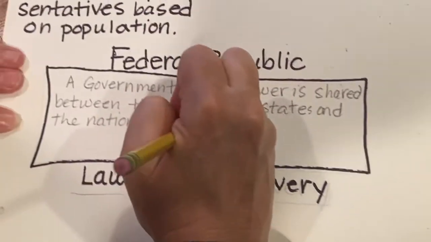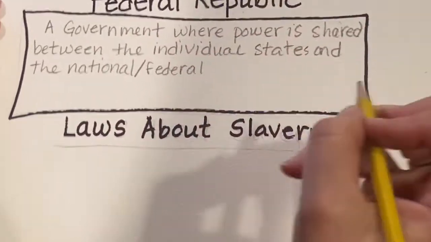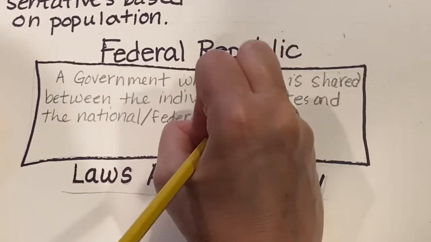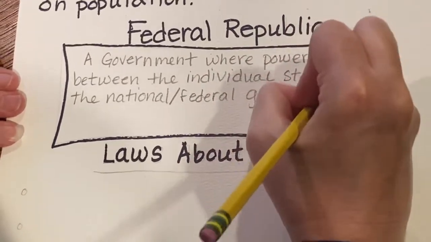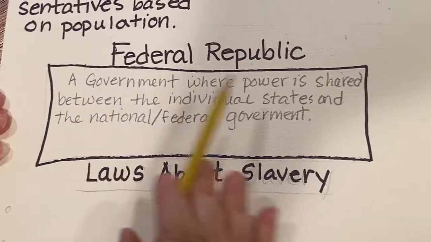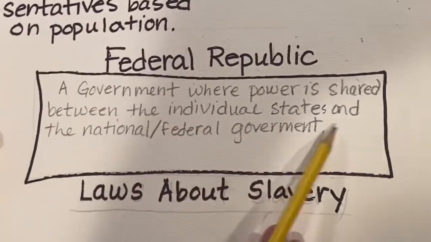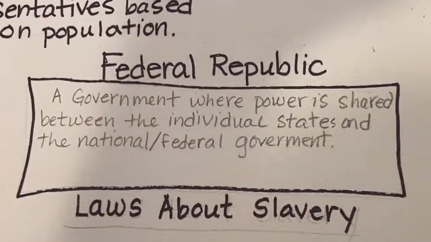Two different ways of saying the same thing. Okay? So that's the first part. It's a government where power is shared between the individual states and the national or federal government.